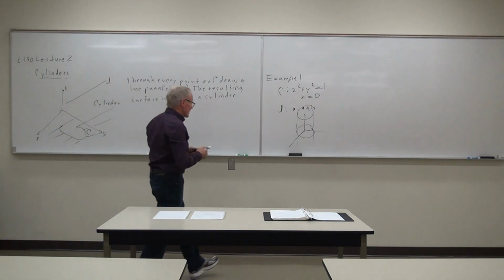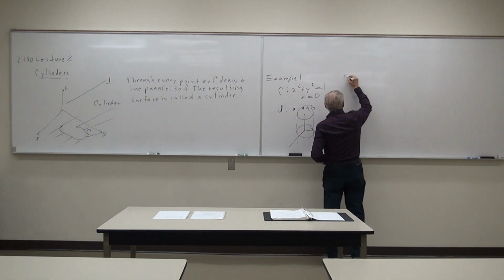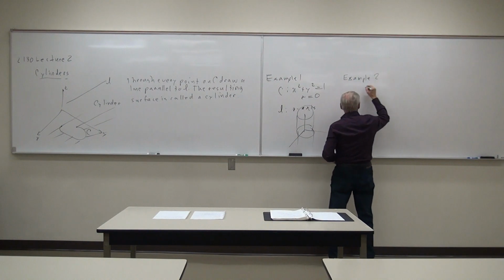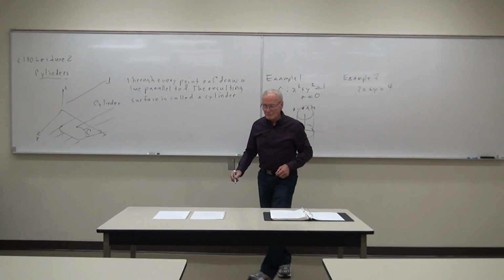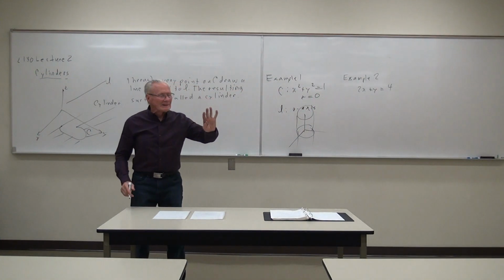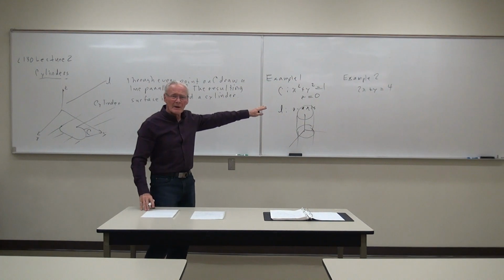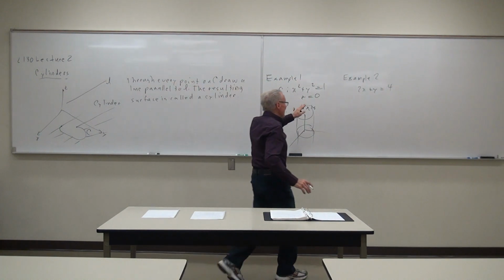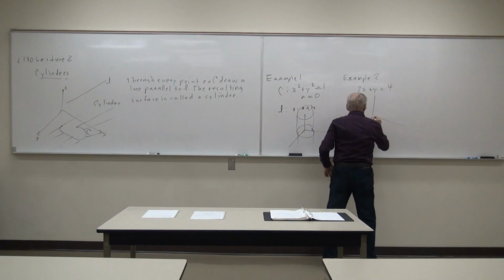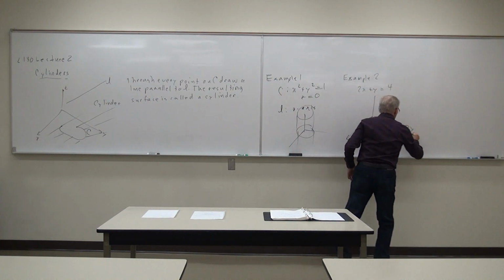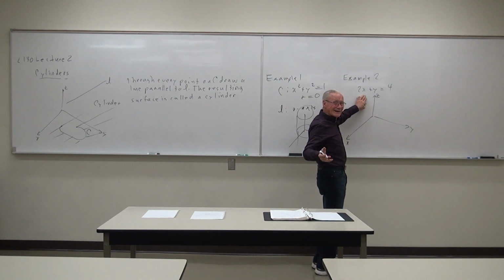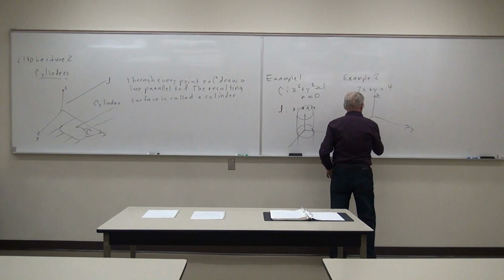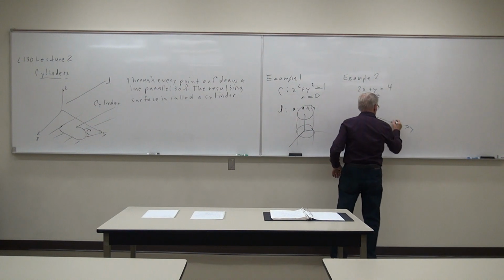But let me write the following on the board and ask you, is this a cylinder? 2x plus y is equal to 4. And your immediate reaction is saying, no, that's a plane, it's linear, therefore it's a plane. In fact, is it not? If I draw this line in the xy plane, it's got an x-intercept of 2 and a y-intercept of 4.